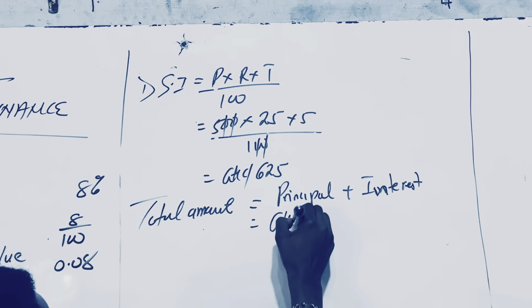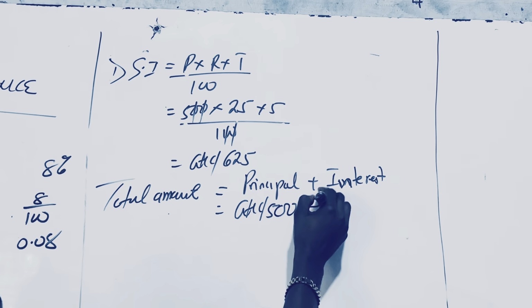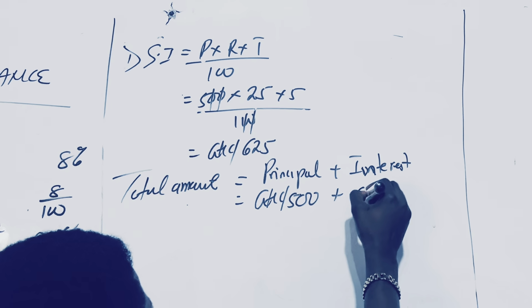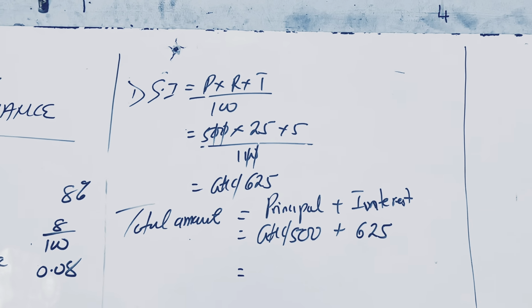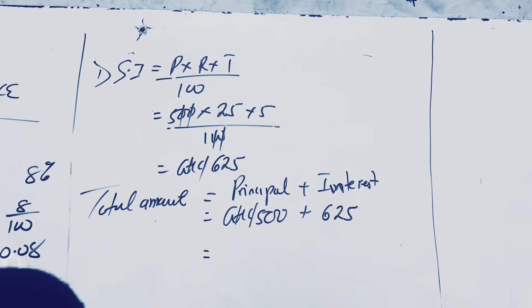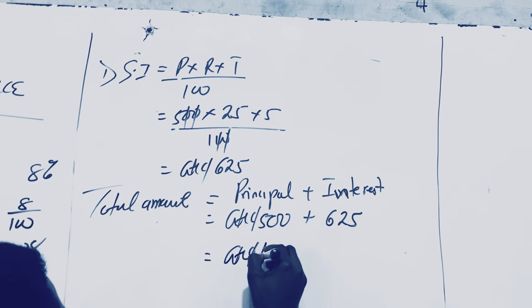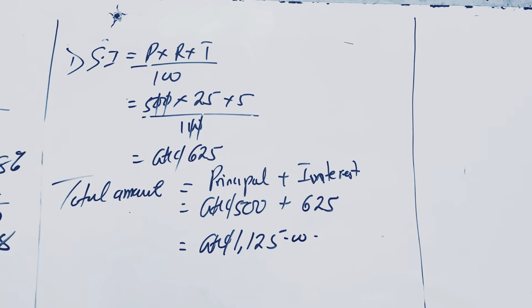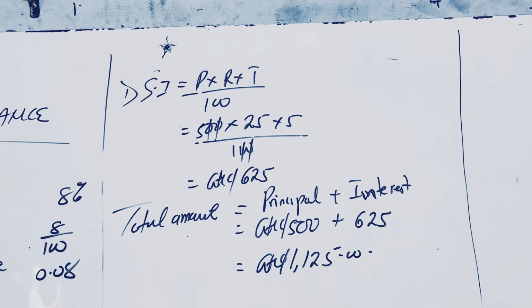The principal is the amount of money deposited, and our interest here is 625. So in all we have 500 plus 625 will give us 1125. That is at the end of 5 years. This is what we have.